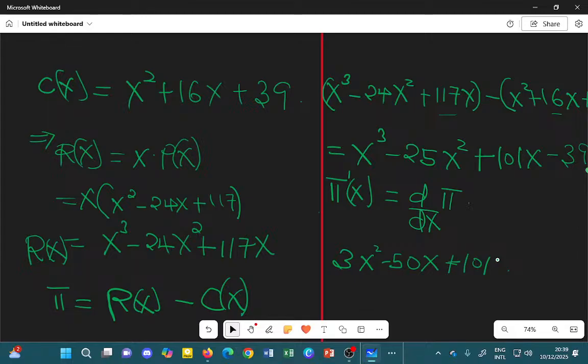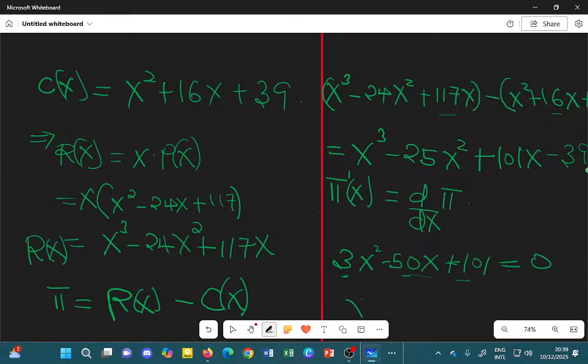That is the derivative. We equate the derivative to 0 to get the value of x. At that value of x, we maximize the profit. If you equate this to 0, you realize that this is a quadratic equation. We can use the quadratic formula, because these values may not allow us to factor.